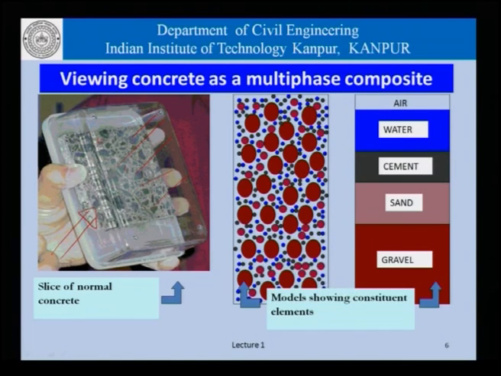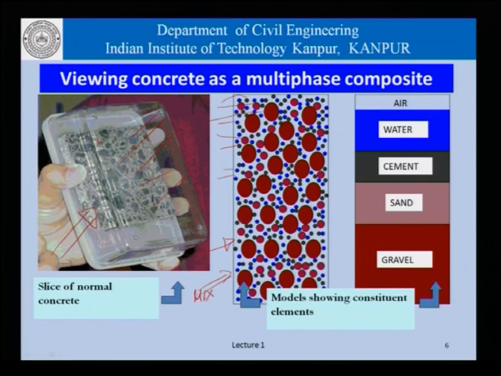This picture is modeled as shown here, that we have these larger particles which could be considered as coarse aggregate, we have these smaller particles which could be considered as sand, then we have these still smaller particles which are cement, and there is a lot of water or some amount of water which has been added to this whole mix.